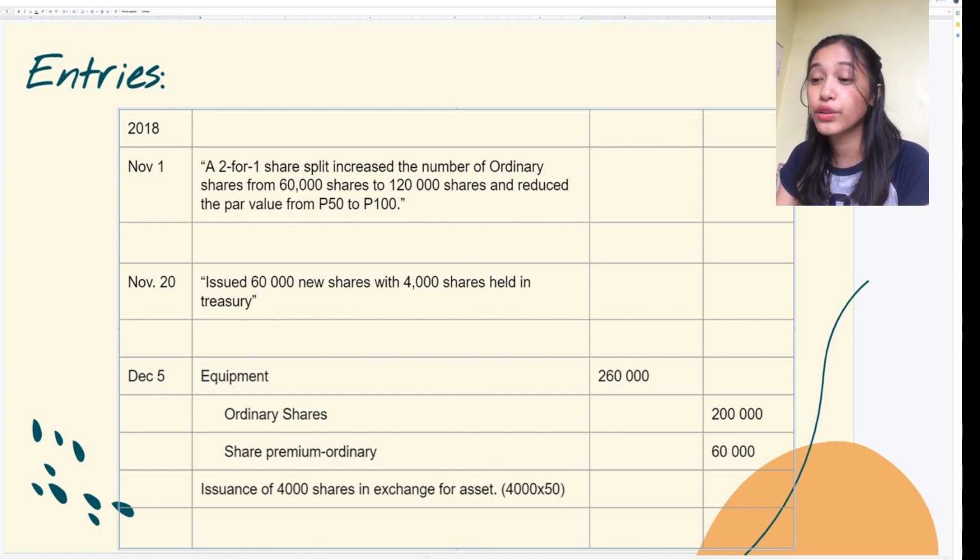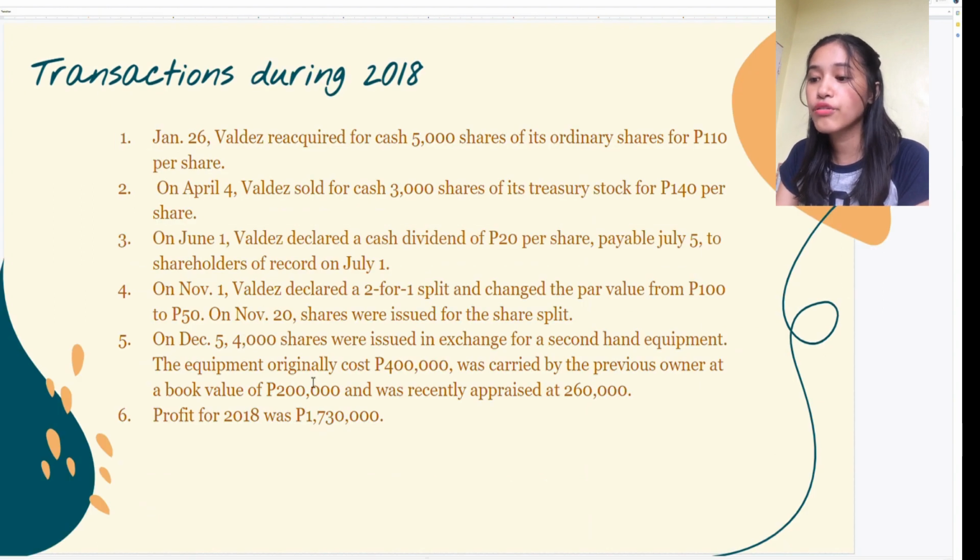Number 5, on December 5, 4,000 shares were issued in exchange for second-hand equipment. The equipment originally cost 400,000 pesos, was carried by the previous owner at a book value of 200,000 pesos, and was recently appraised at 260,000 pesos.